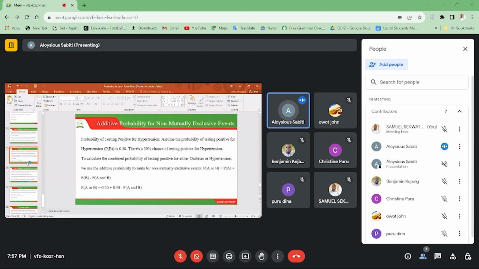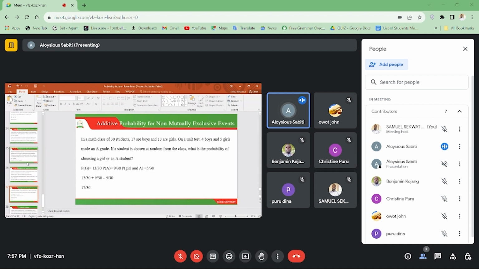And the probability of testing positive for hypertension, assuming it is 0.3, means there is a 30% chance of testing positive for hypertension. Therefore, you can calculate the combined probability of testing positive for either diabetes or hypertension. But let me take us to an example here for non-mutually exclusive events.